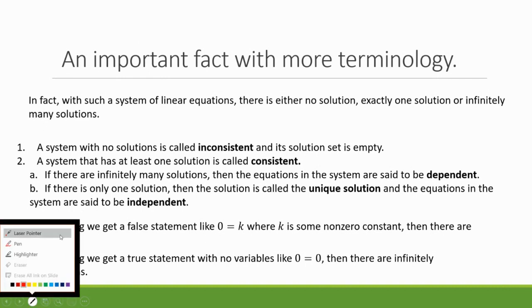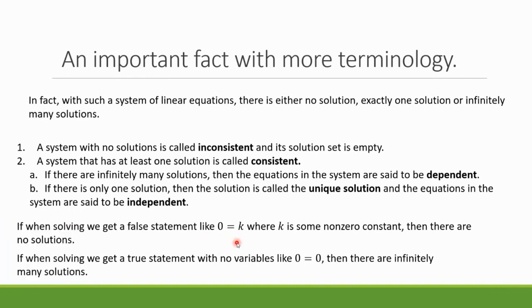But when you're solving them, if you get a false statement, like 0 equals a non-zero constant, like 0 equals 1 or 0 equals 2, something that's false no matter what the variables are equal to, then there are no solutions.